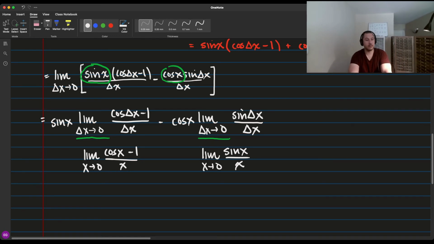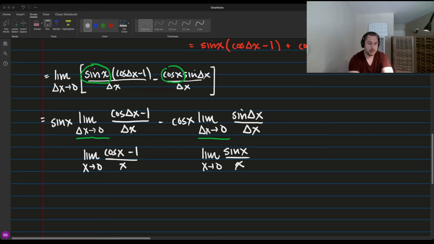Okay, so I'm going to go over to Wolfram, and we're going to use the table function to do the estimation. So let's do the first one, the table of cosine x minus 1 over x. We're going to be going to 0, so let's plug in numbers approaching 0, like 1, 1/2, 0.1, 0.01.